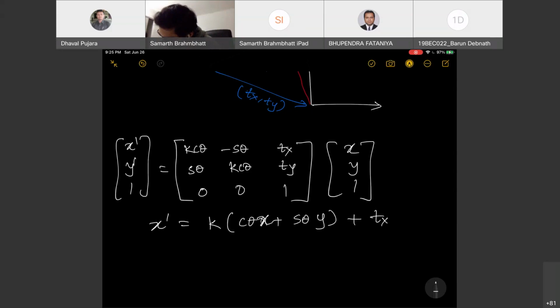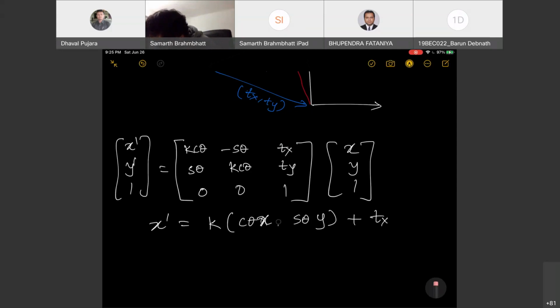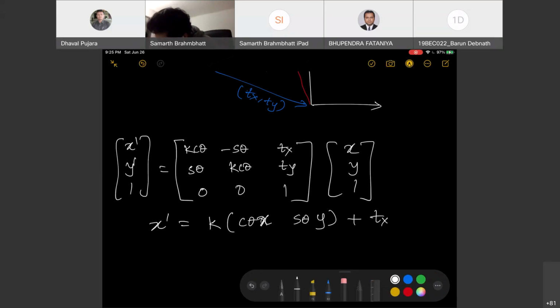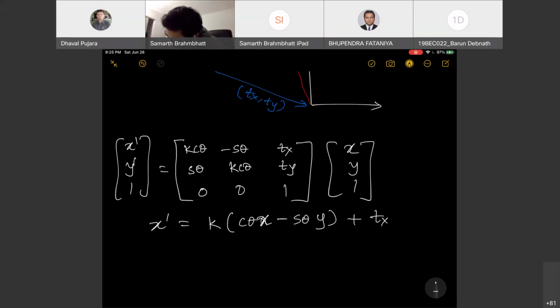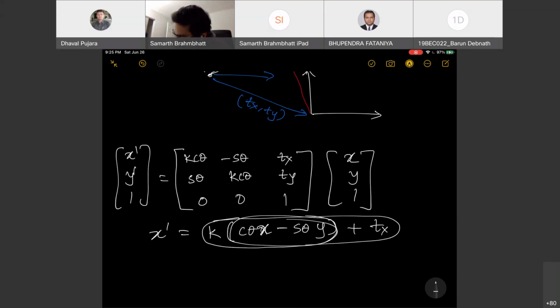Is that right? Actually, this should be minus here. So the order of operations is something like this. First, you took this point xy, you rotated the coordinate system, then you scaled it, and then you translated it.